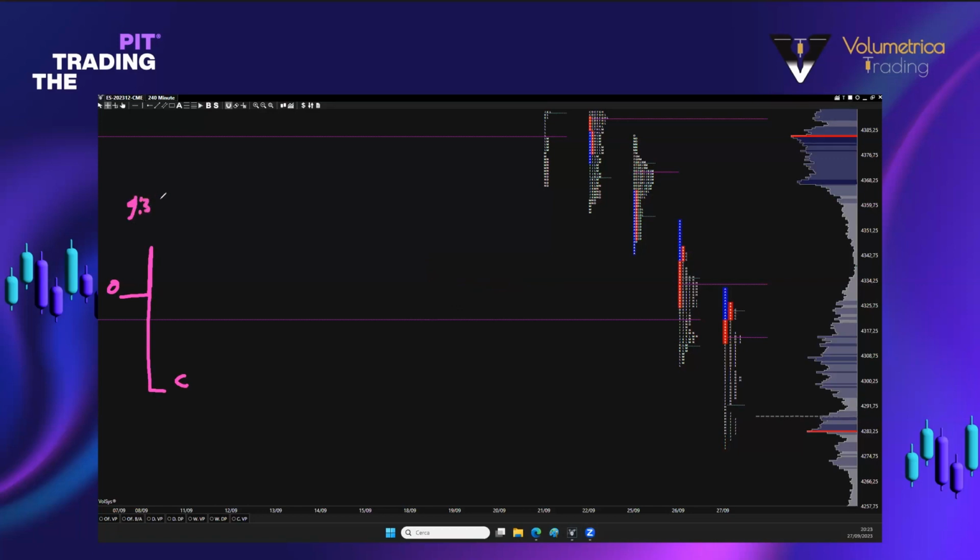This is the 9:30 candle. We will have a market profile starting to print the A letter this way. So it will start from here, it will represent the spike to the upside, and it will go down. Of course, it will go down.